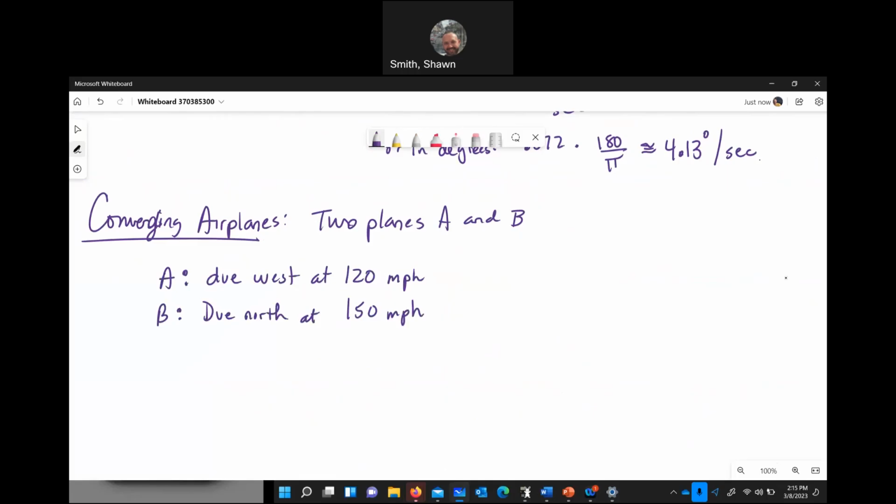How fast is the distance between the two planes changing when A is 180 miles away from the airport and B is 225 miles?